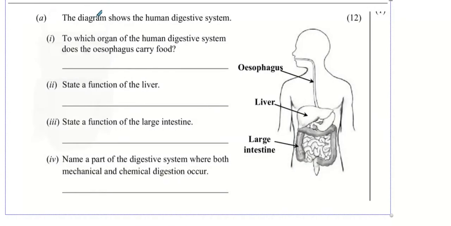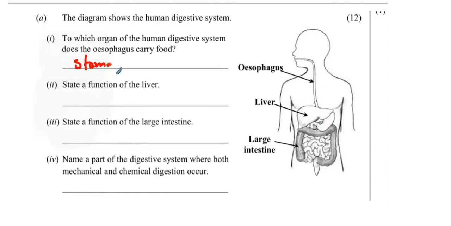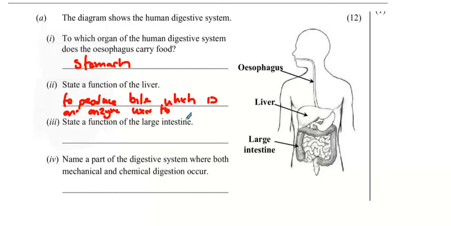Question 12, diagram shows the human digestive system. Which organ of the human digestive system does the esophagus carry the food to? Well, it carries it to the stomach. State one function of the liver, to produce bile, which is an enzyme used to digest fats.